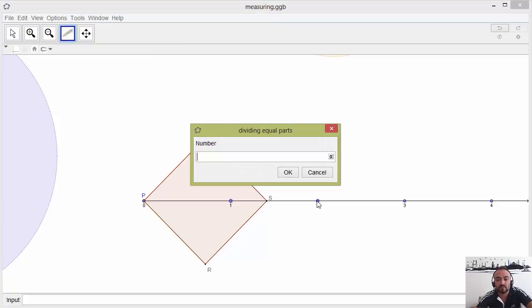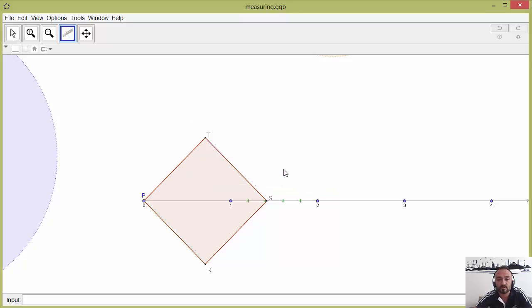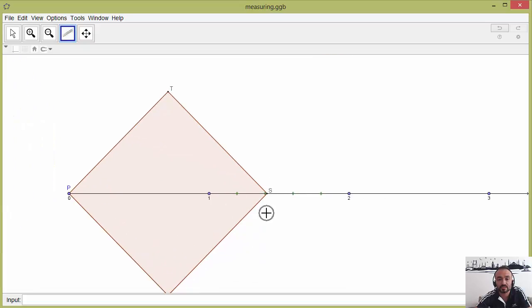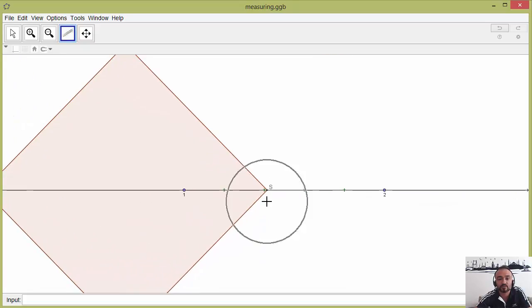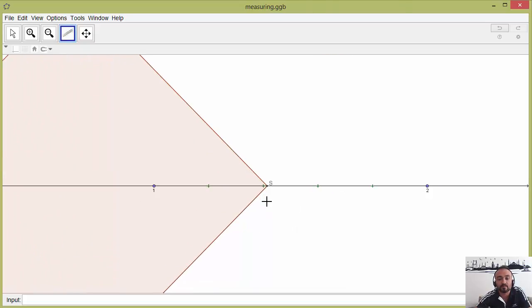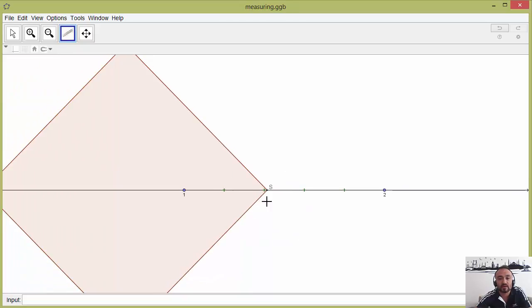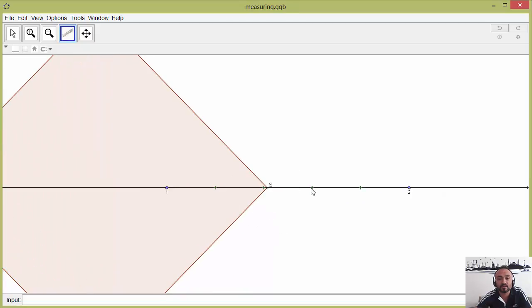Maybe 5 may work. Thankfully GeoGebra has great zooming potential, but when I zoom in, I saw that 5 partitions didn't work.